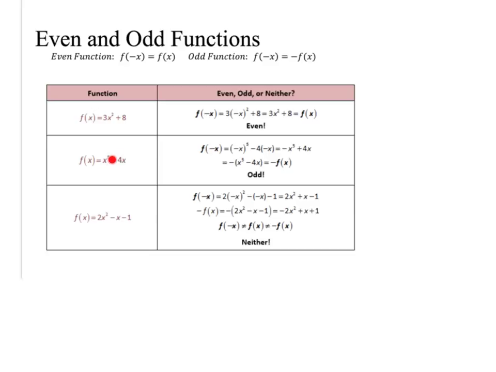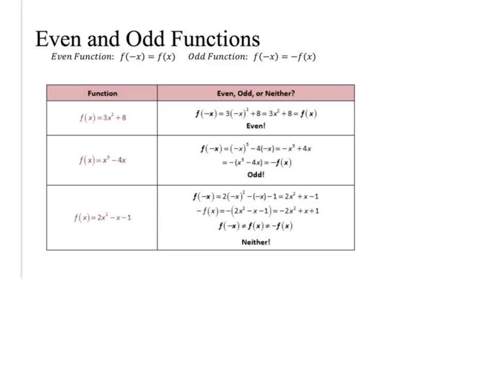We went from positive x to the power of 5 to negative x to the power of 5. We went from negative 4x to positive 4x. So what happens is that when we substitute negative x in for x, it changes all the signs for our function. So this is an example of an odd function.